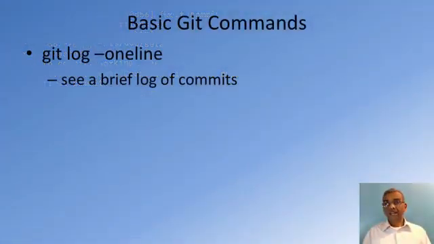So going back to our next git command, we saw that git log --oneline will show us a brief log of all the commits. If you simply type git log, it'll display a lot more detailed information about all the commits. But this is sufficient for obtaining the information that we require.